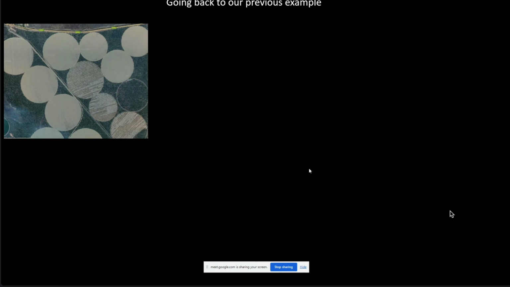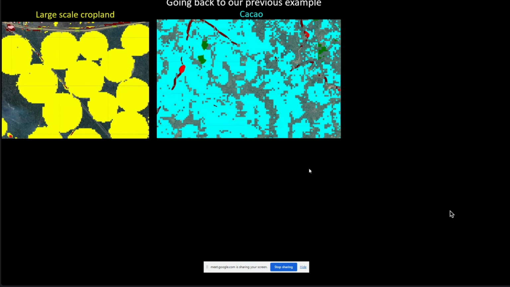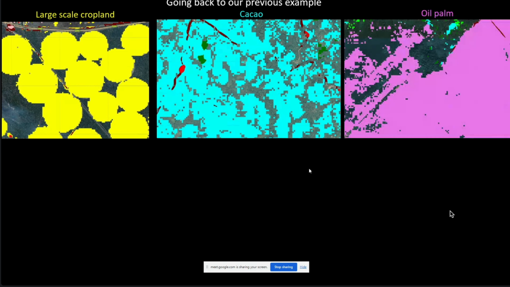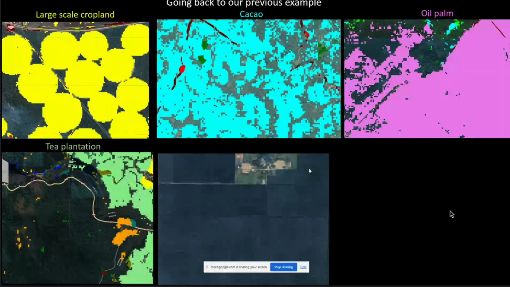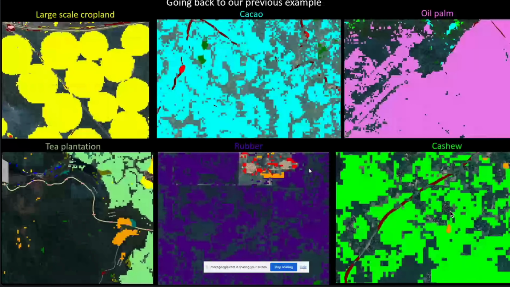Going back to the previous example I showed you, we were also able to use the model to tell us what kind of land use is happening, and it told us, okay, this indeed was large-scale cropland, similar to what we interpreted with the human expert, and this was cacao, and this image, of course, is from Ghana, and this is oil palm, and this was tea plantation, and this is rubber, and this is cashew.